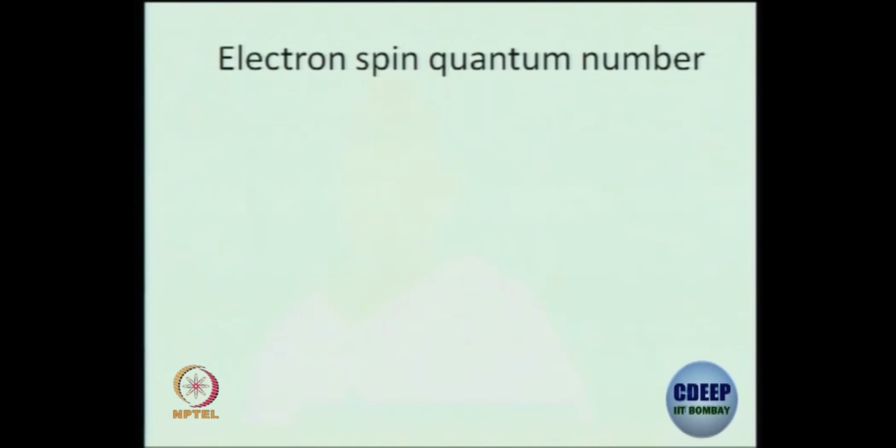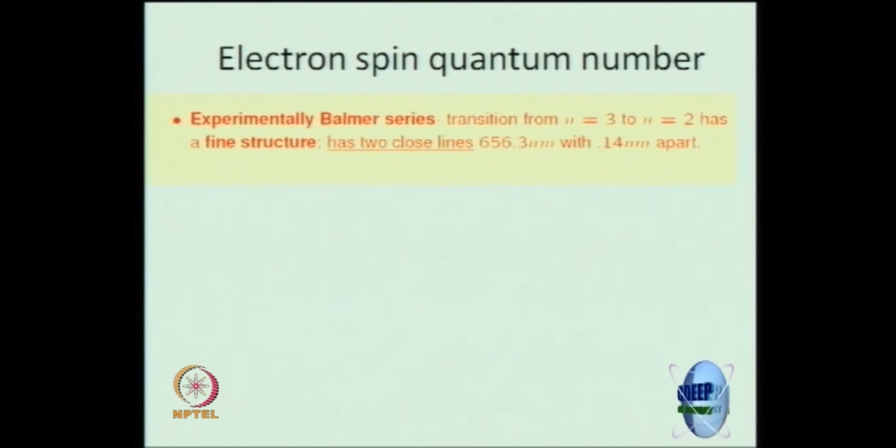Okay, so that brings in the concept of putting in by hand the electron spin quantum number in non-relativistic quantum mechanics. Experimentally, when they do a transition from n equal to 3 to n equal to 2, they see small closely spaced lines which are 0.114 nanometer apart.